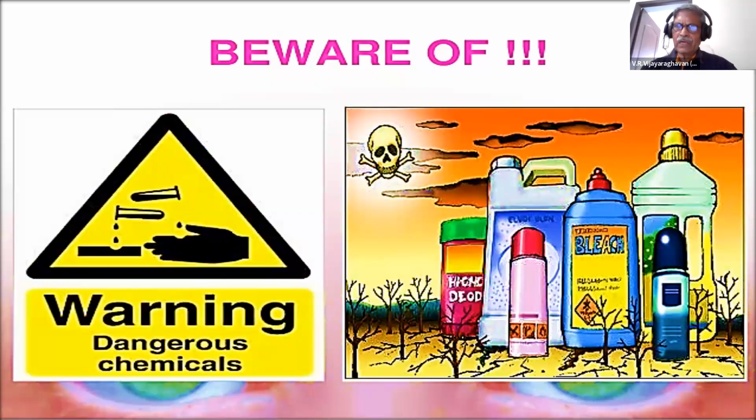Now, I told you there are many chemicals which can affect your eye, maybe acid or alkalis. One important point to stress is that when acid falls in the eye, there is immediate coagulation of proteins, thereby further penetration is prevented.